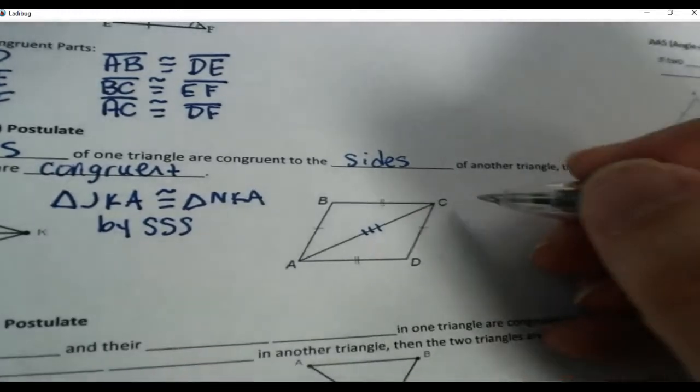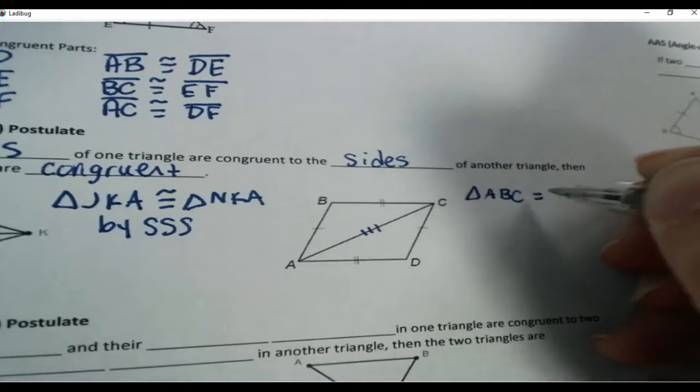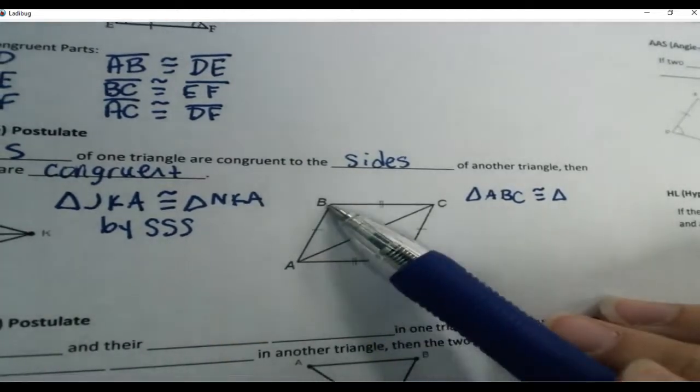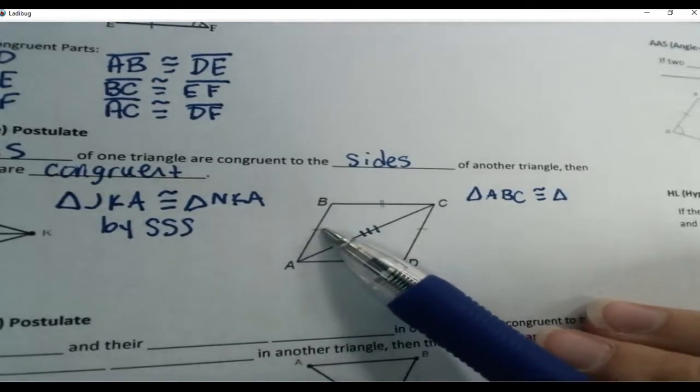So now we can name it. So we can say triangle ABC is congruent to. Now in this one we want to match our angles. But it's a little bit different because if I go A, B, C, if I start at A and go to B, that's my one tick mark.